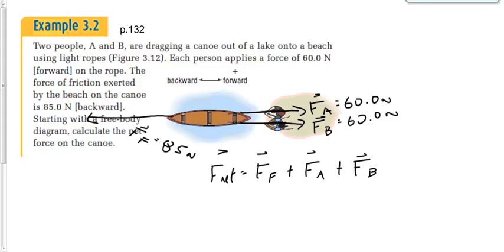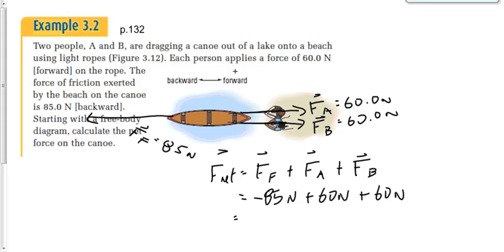Now, we would usually set F net equal to M times A, but since we're looking for the net force, not the acceleration, I'm just going to sub in my numbers for these forces now. FF is 85, right? Sorry? Negative 85, good, because it's to the left. FA is 60 newtons. FB is 60 newtons.